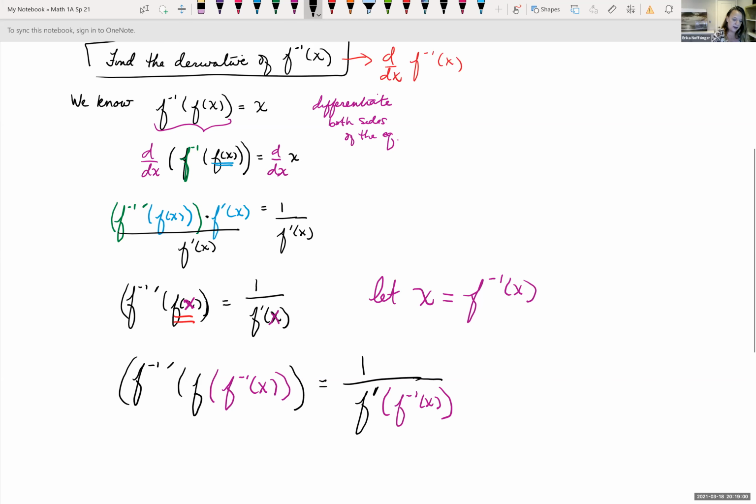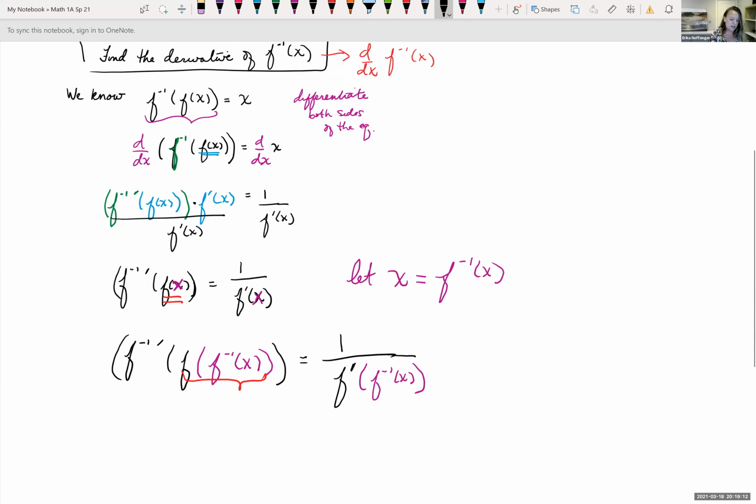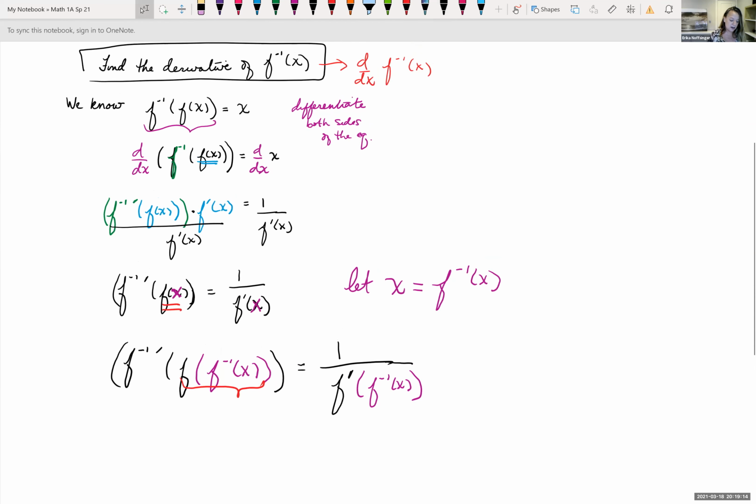So the whole point of that, right, was so that we could rewrite this piece as x. And by definition, in order for them to be inverse functions, that has to come back to be x. We can do this too because we know that our function, if it has a derivative and it's 1-to-1, it's going to be continuous.